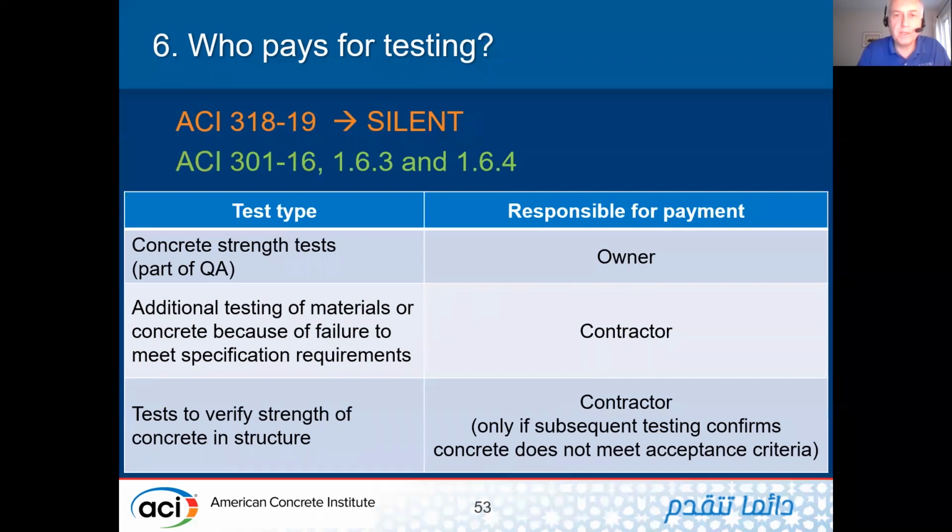Additional testing of materials or concrete because of failure to meet specification requirements is on the contractor. And when it comes to test to verify strength of concrete in structure is on the contractor. However, it also says that only if subsequent testing confirms concrete does not meet those acceptance criteria.